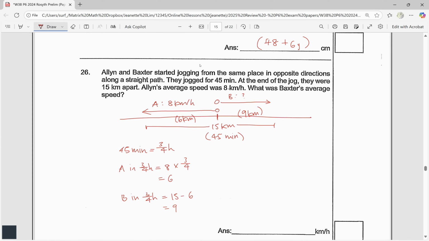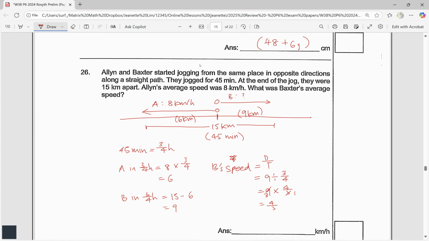And since this is in 3/4 hour, right, I want to find time. Sorry, not time, but speed. Speed of B. B's speed. Speed is distance divided by time. So I'll take 9, divide by the time, 3/4 hour. Keep, change, flip. 9 and 3 can simplify.